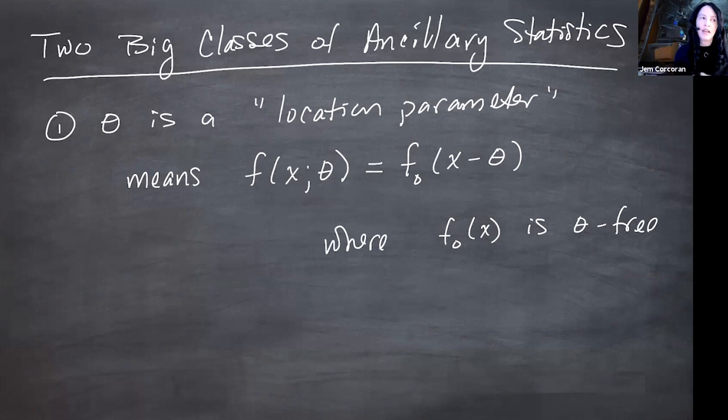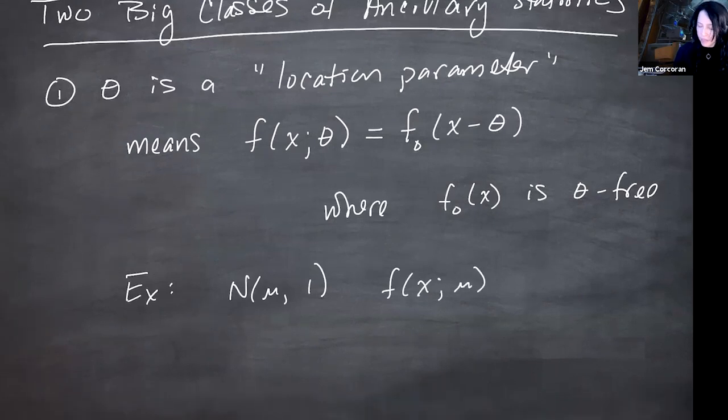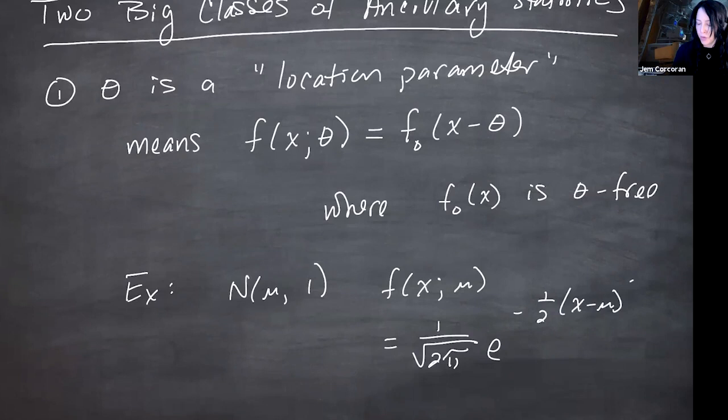This could be like for the normal with mu and variance 1, where the PDF f of x and mu looks like 1 over the square root of 2 pi times e to the minus 1/2 (x minus mu) squared.